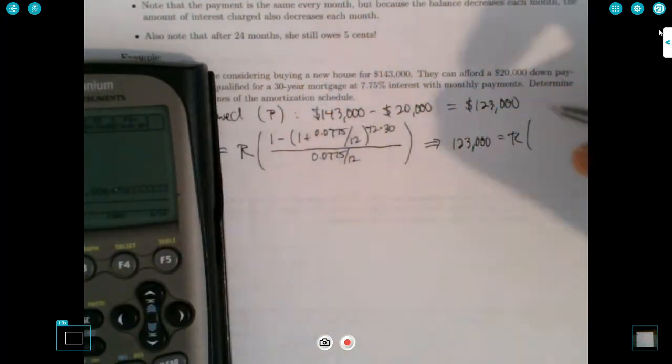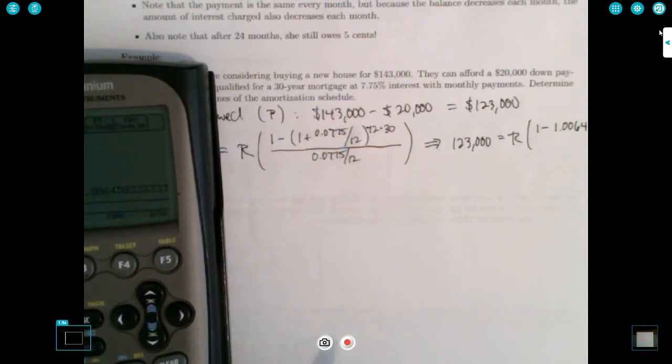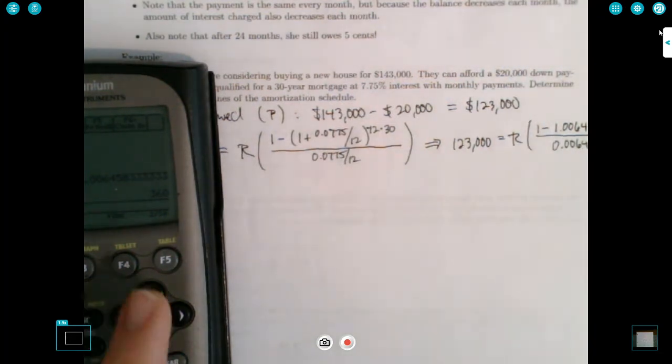When I add 1 to it, I'm going to get this: 1 minus 1.00645833 to the negative 12 times 30. 12 times 30 is 360. So to the negative 360, divided by 0.00645833.